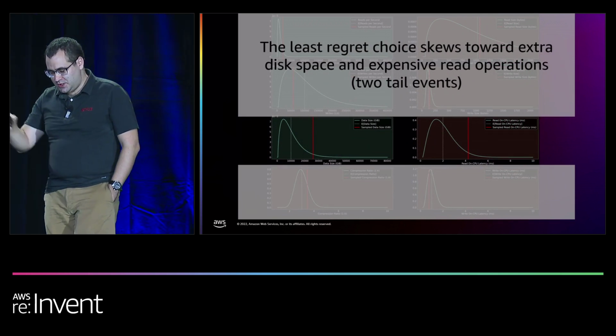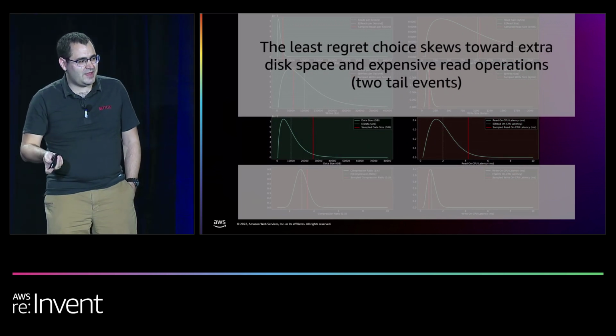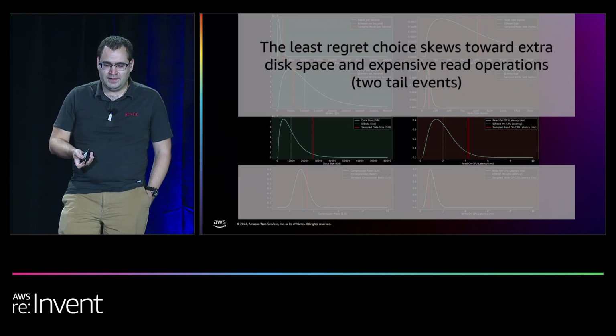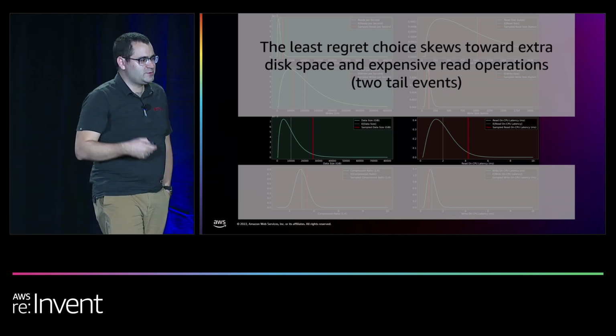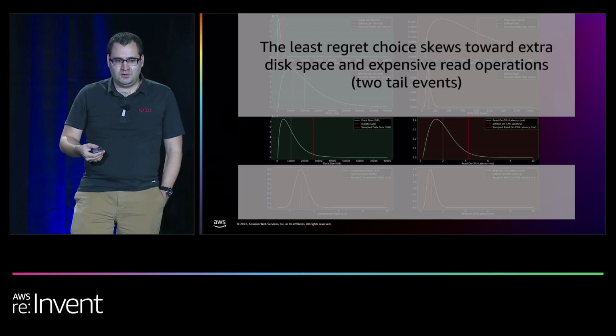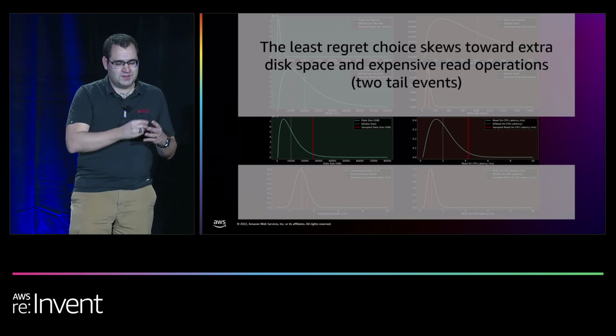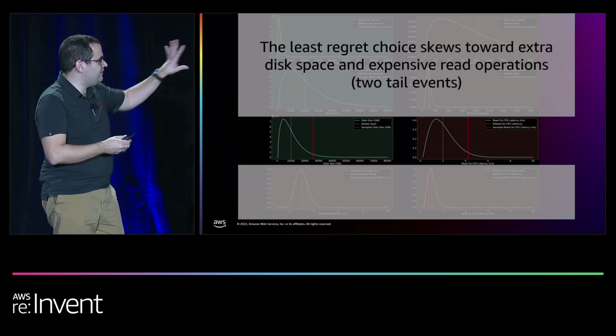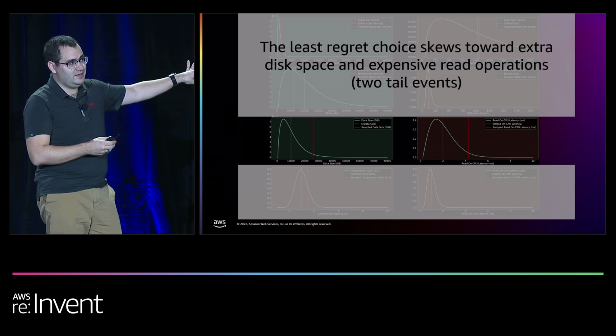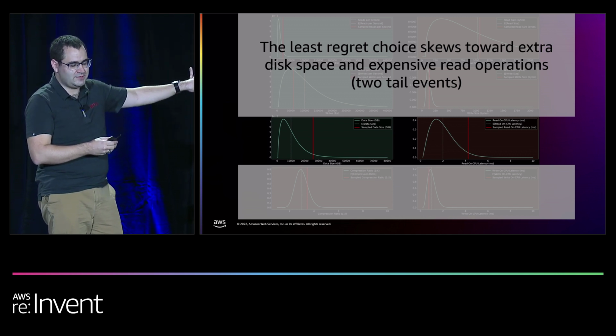So let's try to get some intuition about what just happened when we ran that least regret optimizer. Intuitively, what happened was we biased towards choices which are a little bit down that tail. So in this case, the red line is in this world, the world where we picked the 48 i3en.xlarge, the least regretful choice.